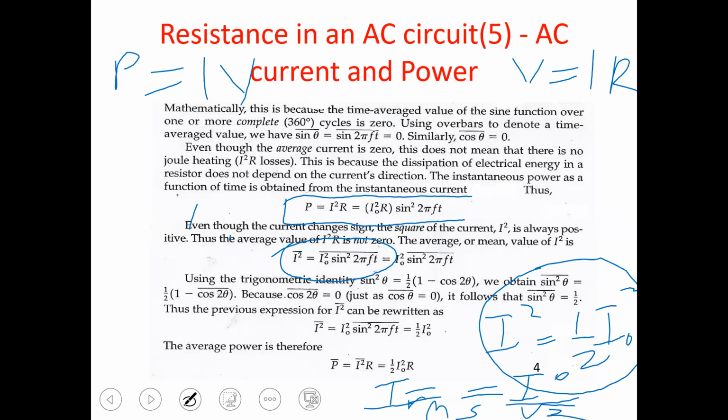So for a sinusoidal alternating voltage source, I RMS is I naught over root 2, and V RMS is peak voltage over root 2.